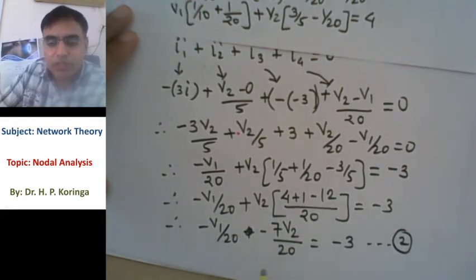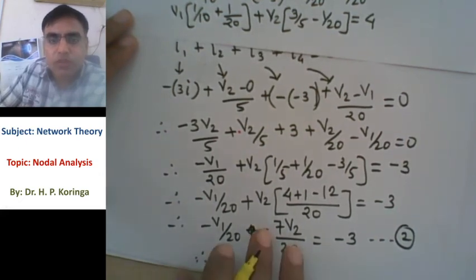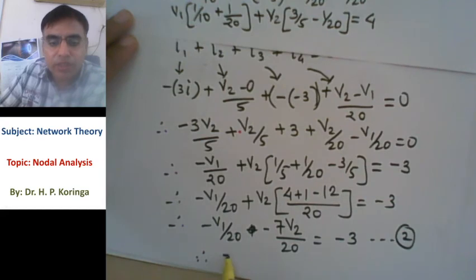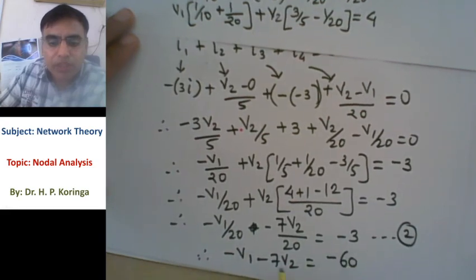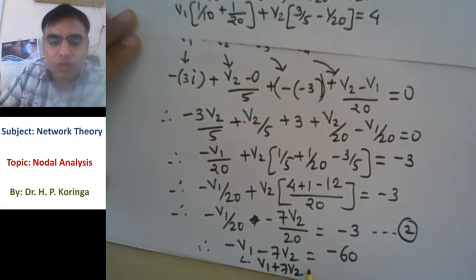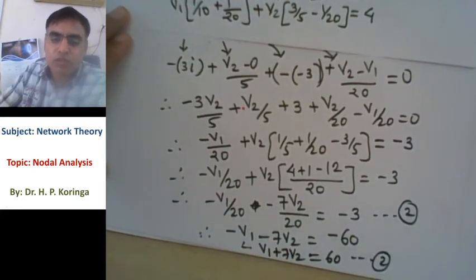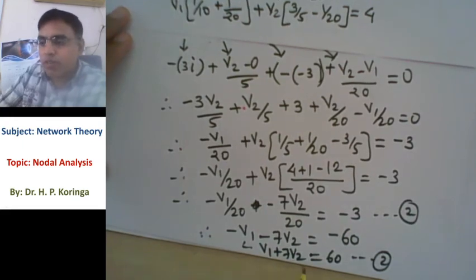Also we can multiply by 20, which is 60. So if you want more simplification, we can make it minus V1 minus 7 V2 is equal to minus 60. So taking the minus common, V1 plus 7 V2 is equal to 60. So our second equation is V1 plus 7 V2 is equal to 60.